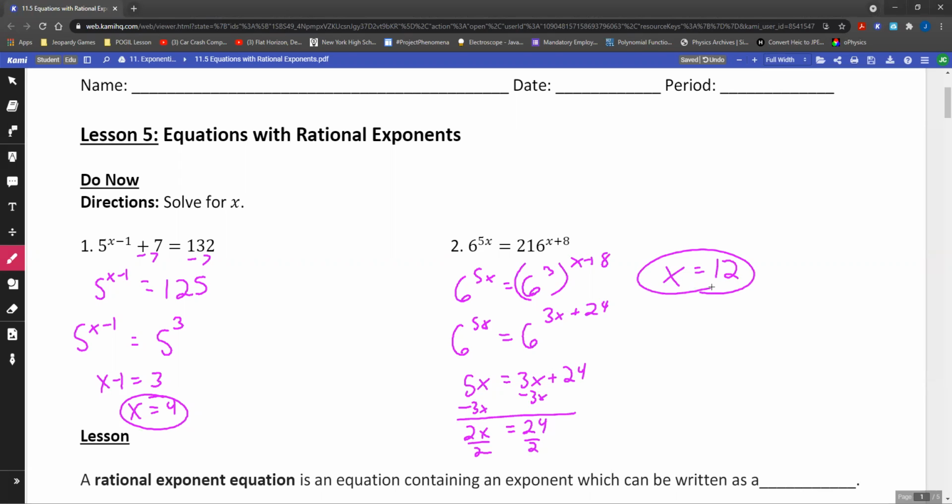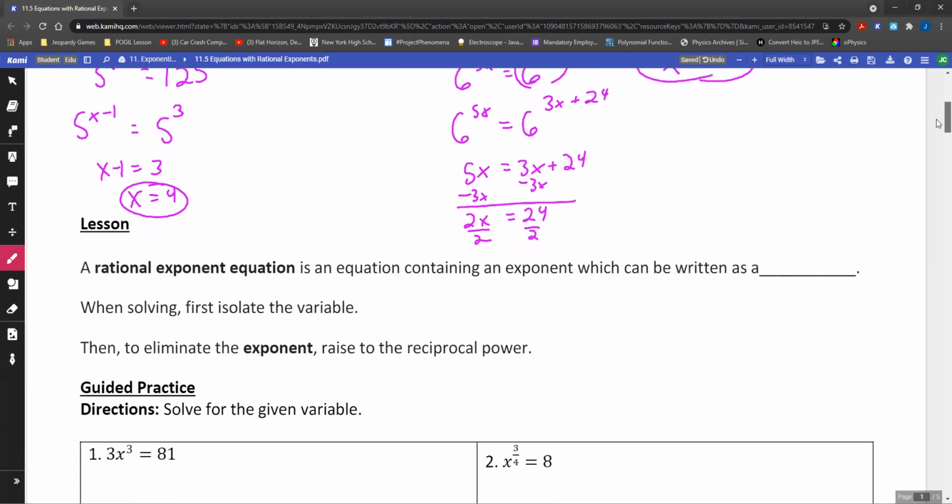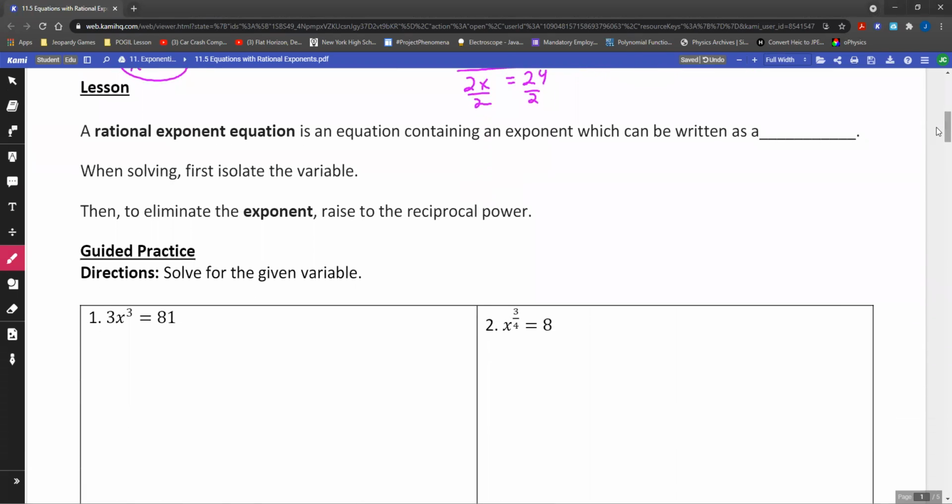All right, so now what we're going to do is talk about how we can do this with rational exponents. So remember, a rational exponent equation is one where the exponent can be written as a fraction.